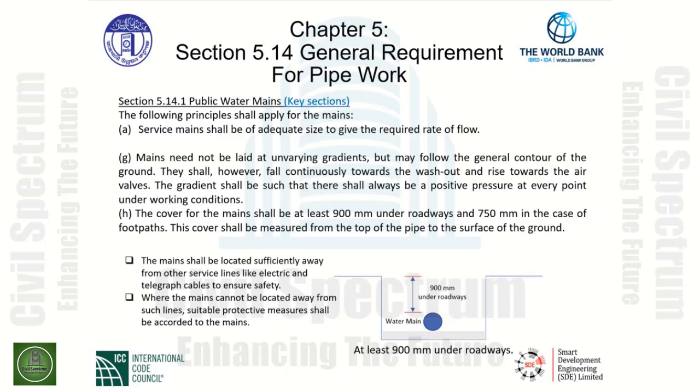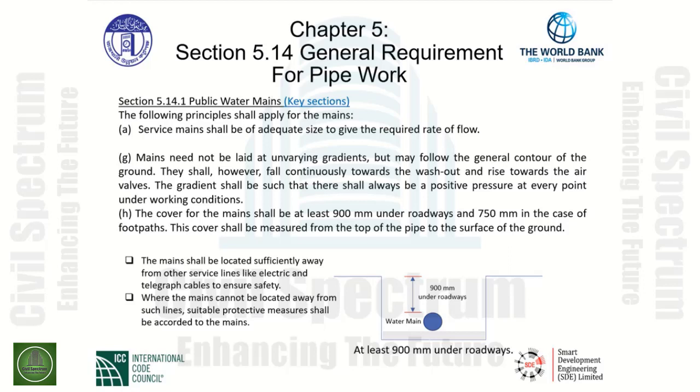Therefore, the designer, the engineer, must make sure that the service mains are adequate in size to give the required rate of flow that is demanded of them based on proposed buildings, residents, things of that nature.